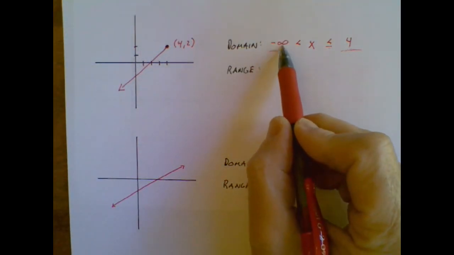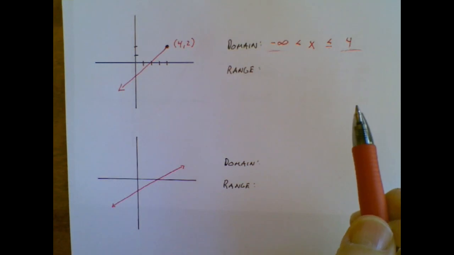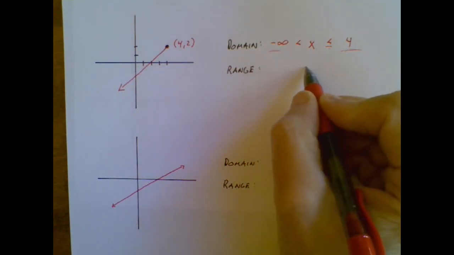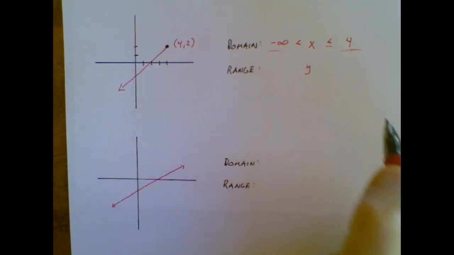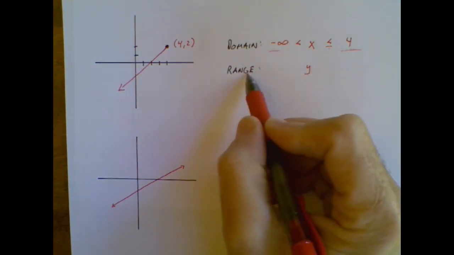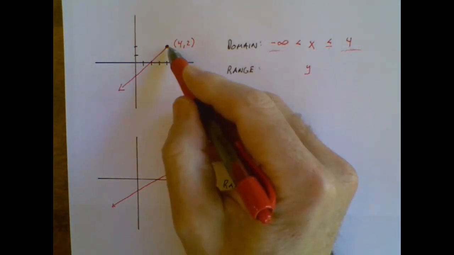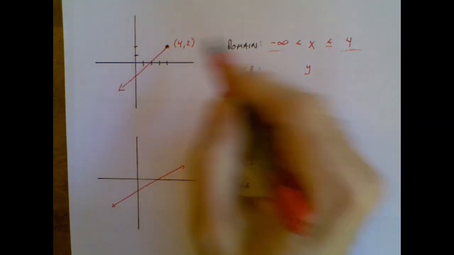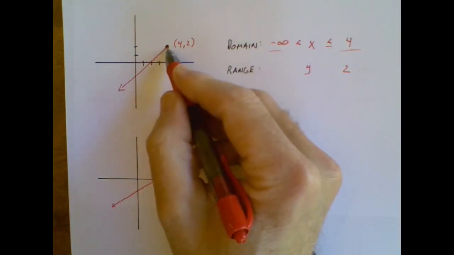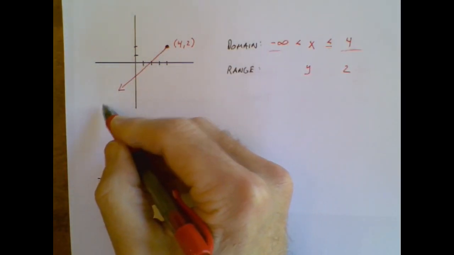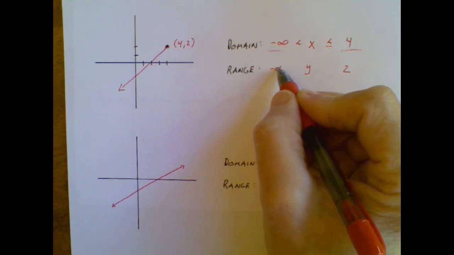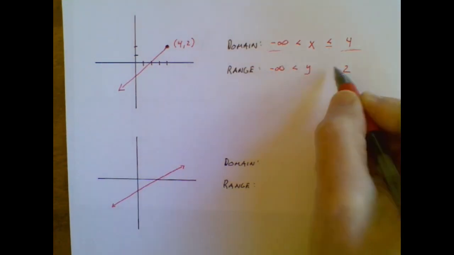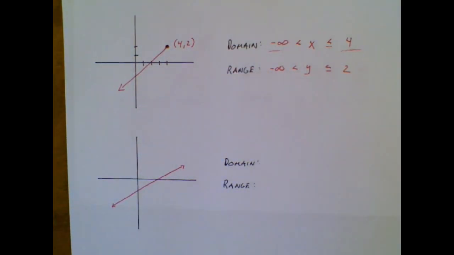Or in other words, smallest x value, largest x value. Moving on to the range, y is the range, and the biggest y value I have on this graph is a 2. This graph goes downhill forever and ever and ever. So it's going to head to -infinity, and now I have my domain and my range.